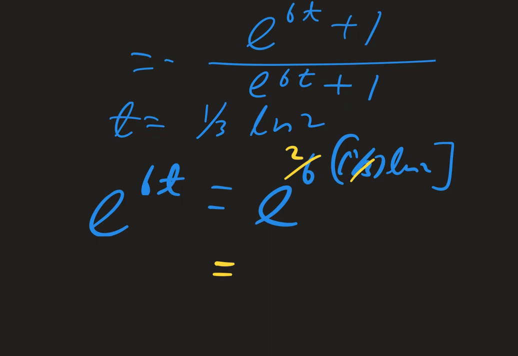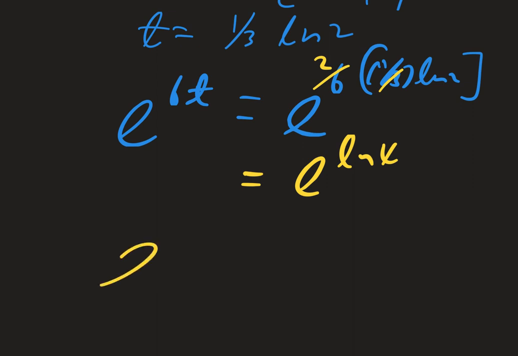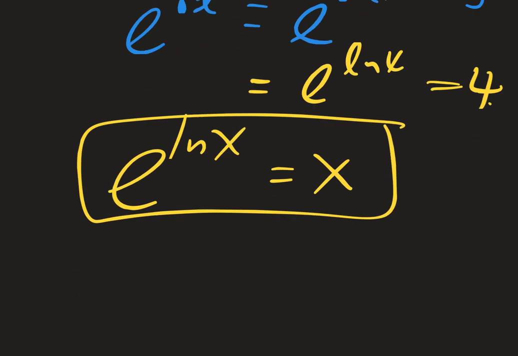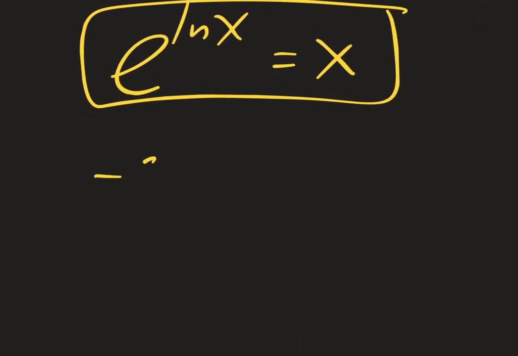So the 2 goes into the ln and becomes ln 4. We know that e^(ln x) is x. This is the inverse function and the function itself. So this becomes 4. So the gradient, what we are looking at, is what?